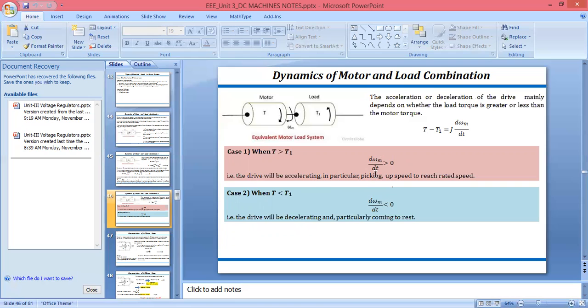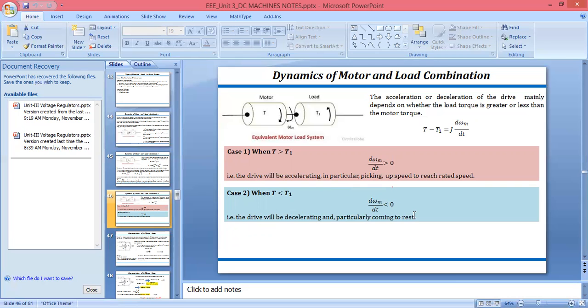If the value of torque is less than the load torque, the driver will be decelerating, and eventually it will come to rest.